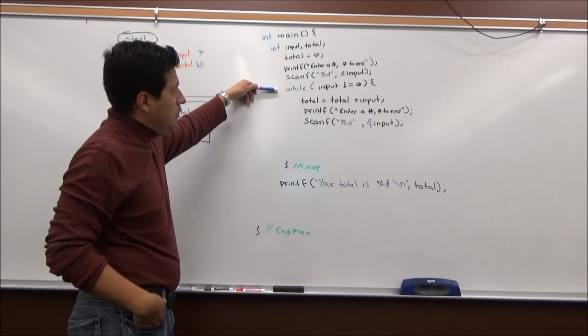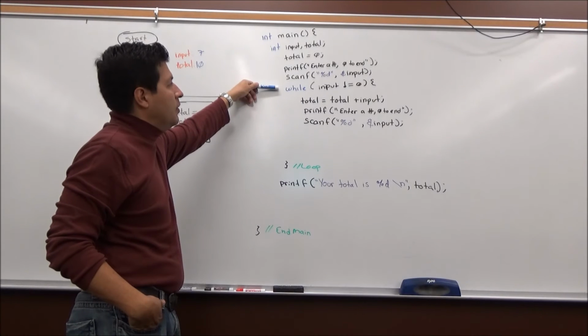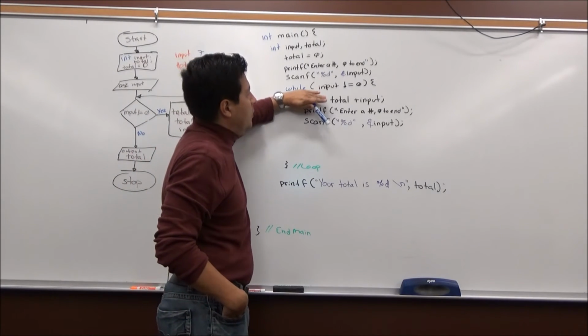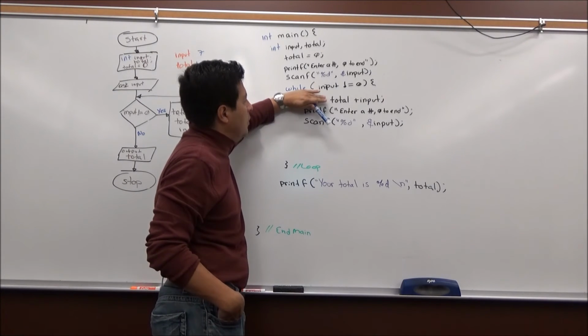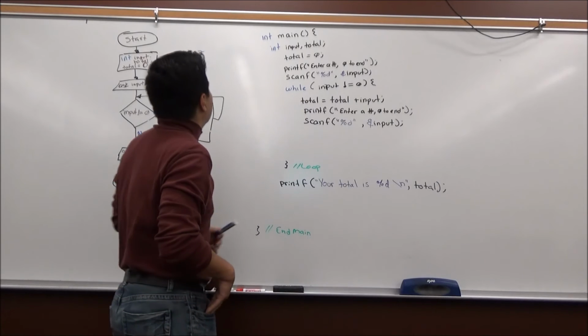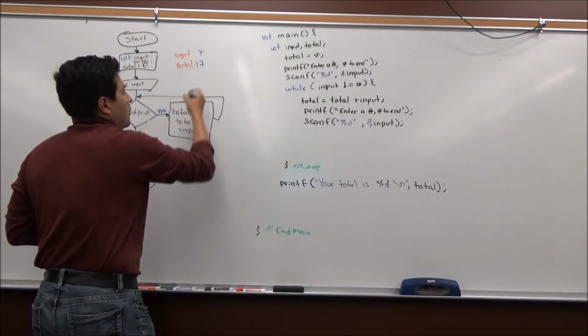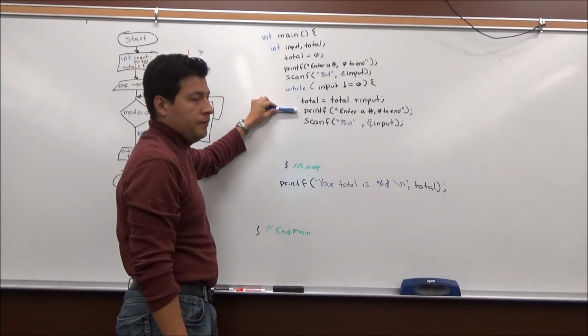It's right here. And it says, what was the input? Oh, 7. Is 7 different than 0? Yeah, it is. So it sees this first. So total is 10, input 7, so 17. Oh, I gotta put that in the total. And then goes again here.